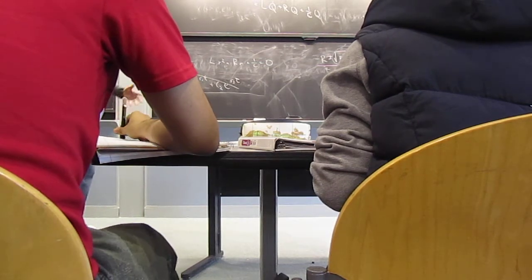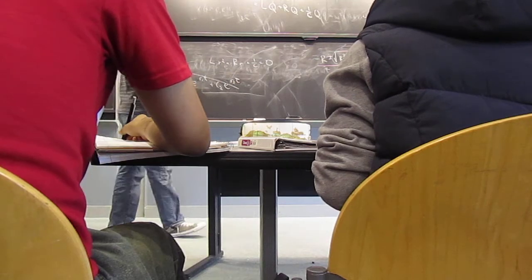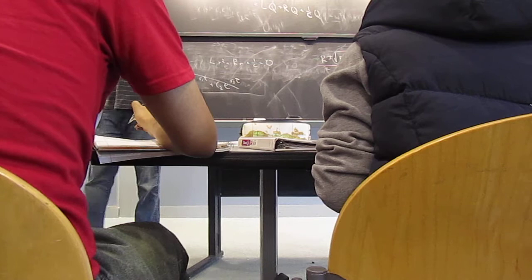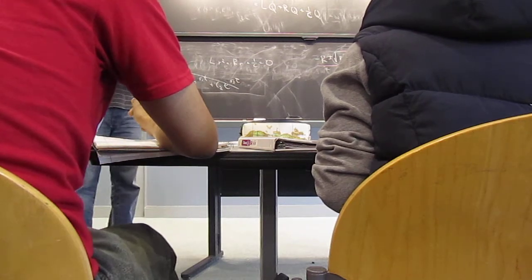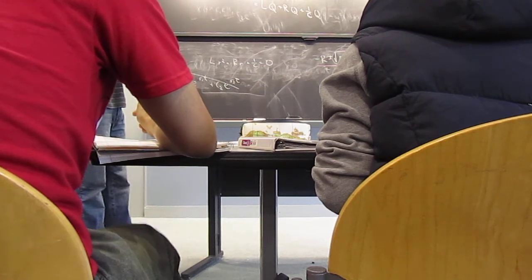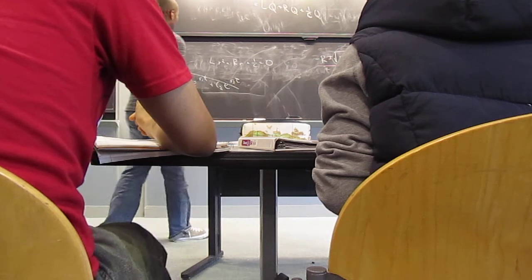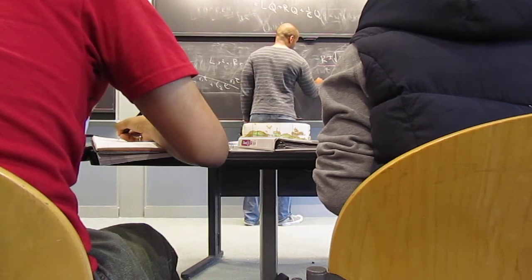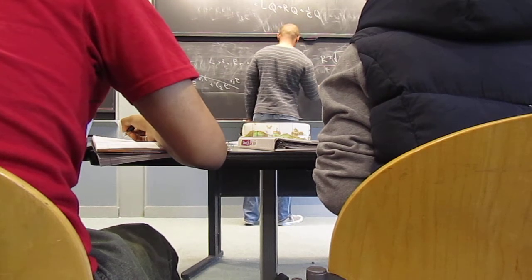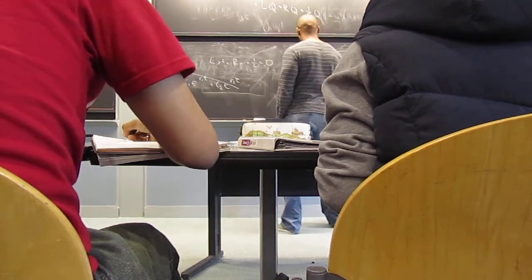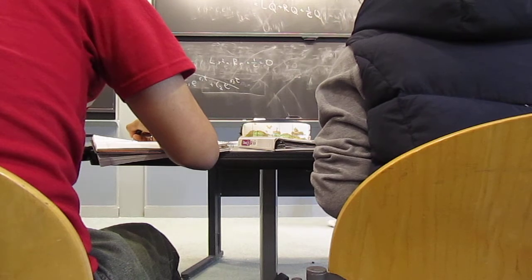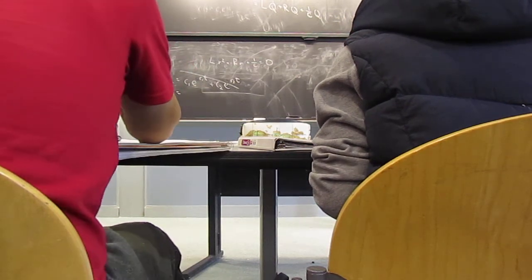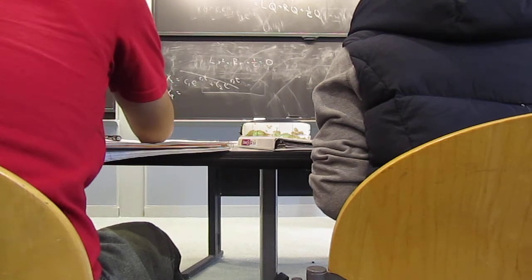Sorry, I lost track. Okay, so now we're looking for the particular part. What method should we use to find a particular solution? Undetermined coefficients. All right, undetermined coefficients is probably the easiest. We know this is going to look something of the form A. Actually, let's guess it looks like this.